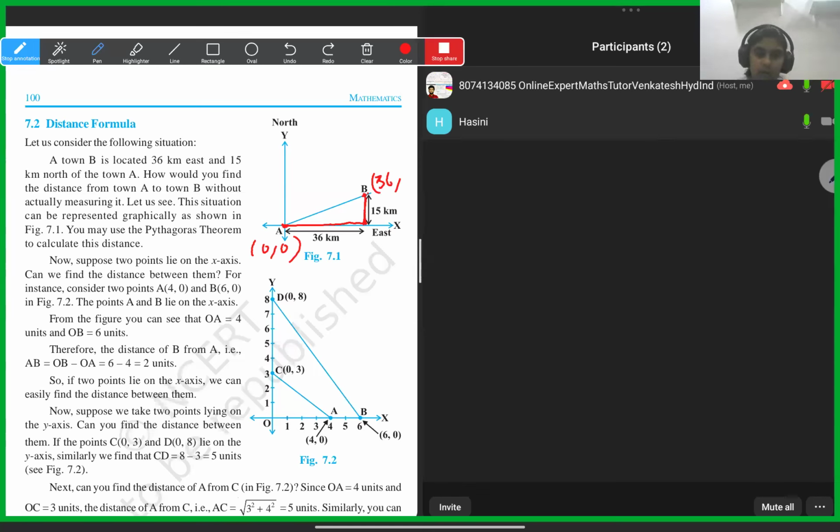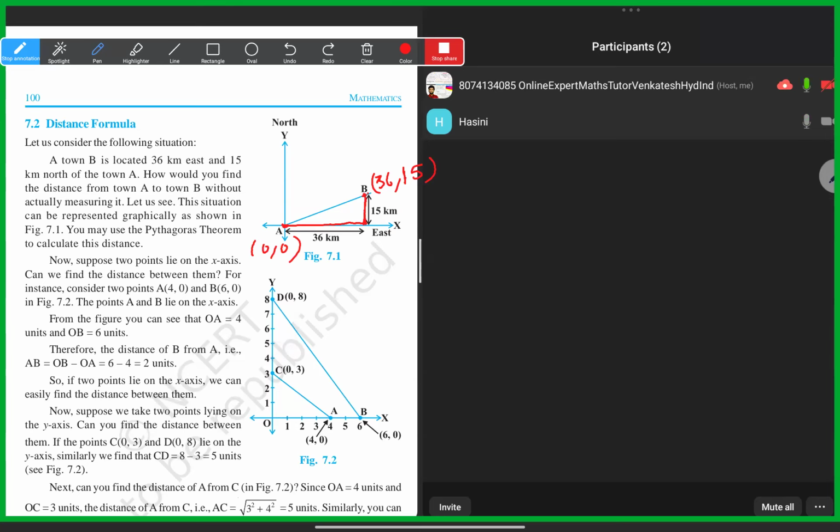The perpendicular distance measured from the y-axis is the horizontal distance, that is the x value. The perpendicular distance measured from the x-axis, that is the vertical value, will be the y value. So indirectly, the perpendicular distance measured from the x-axis is the y coordinate.